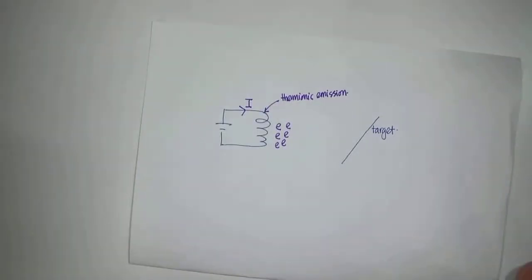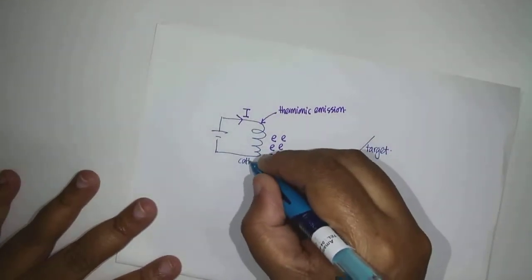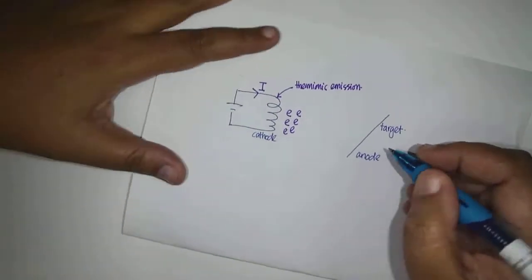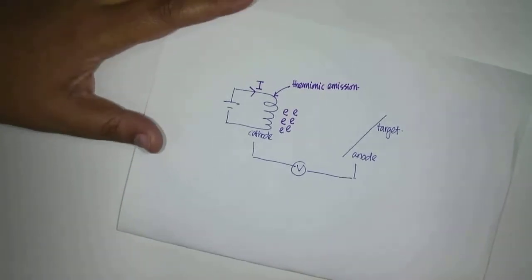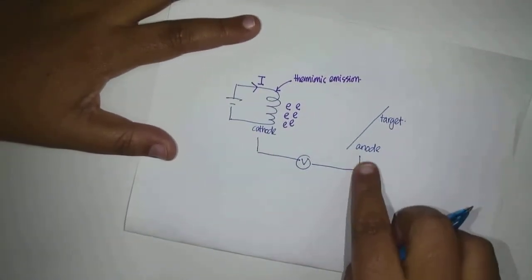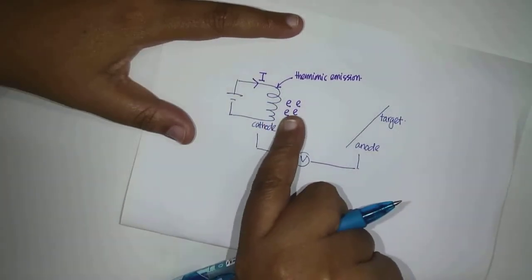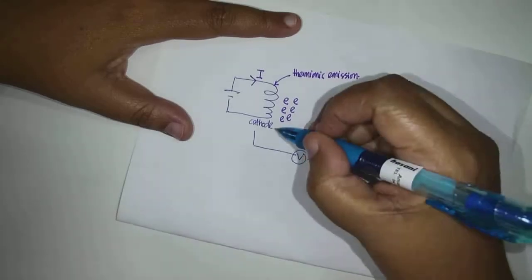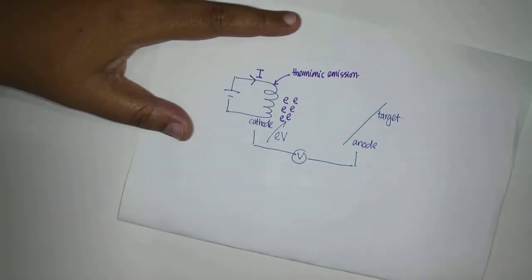What will happen to the electrons is, from the cathode, this is the cathode and this is the anode. The cathode and anode are connected to a very high potential supply. So when the electrons escape from the filament, electric potential energy is given to the electrons.